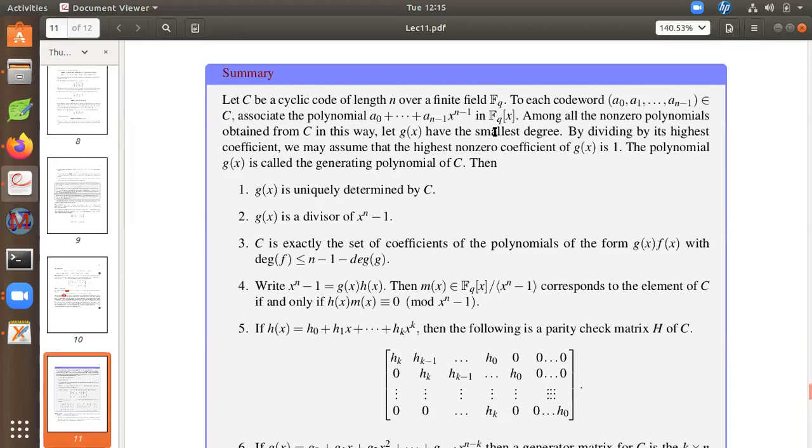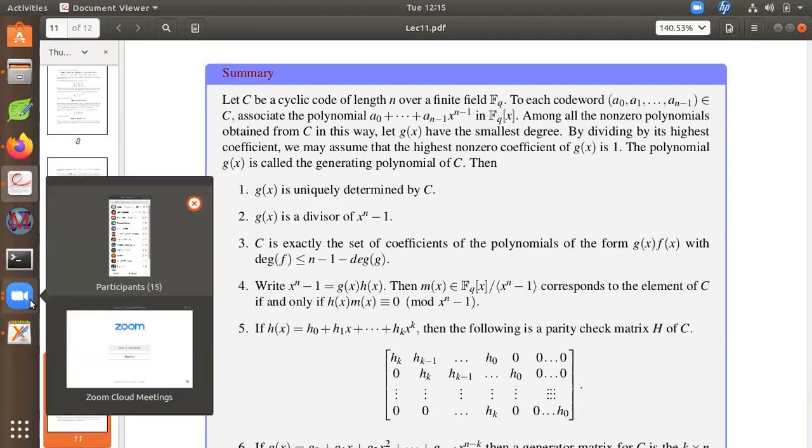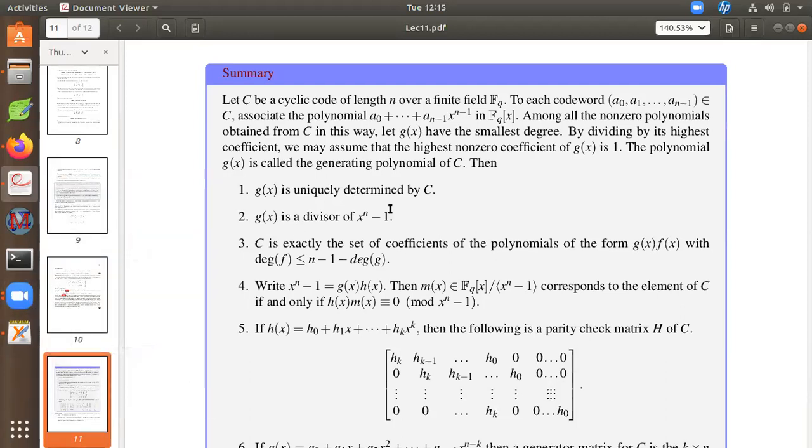Each code word a0, a1 up to an minus 1 we associate with a polynomial a0 plus a1 x up to an minus 1 x power n minus 1. Among all non-zero polynomials obtained from C in this way, let g of x be the one of smallest degree. By dividing by its highest coefficient, we assume the leading coefficient of g of x is 1. The polynomial g of x is called the generating polynomial of C.